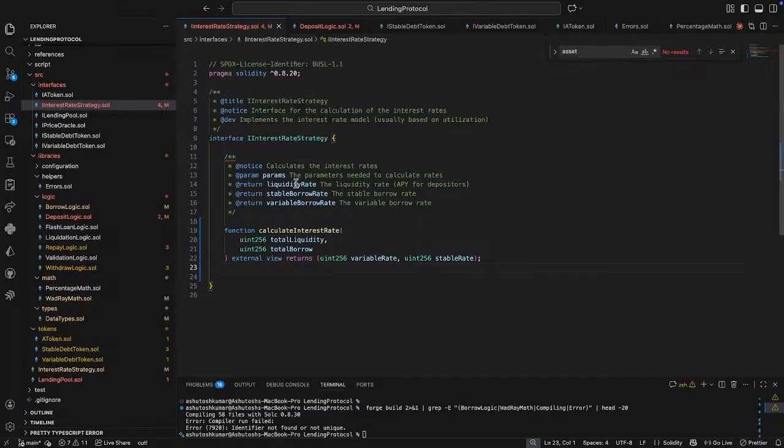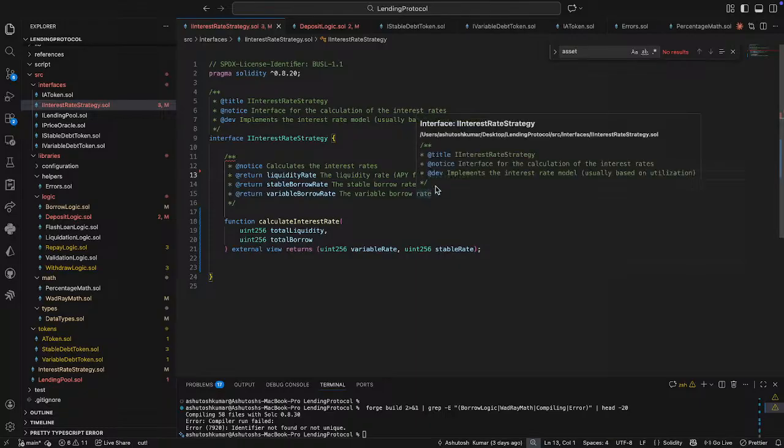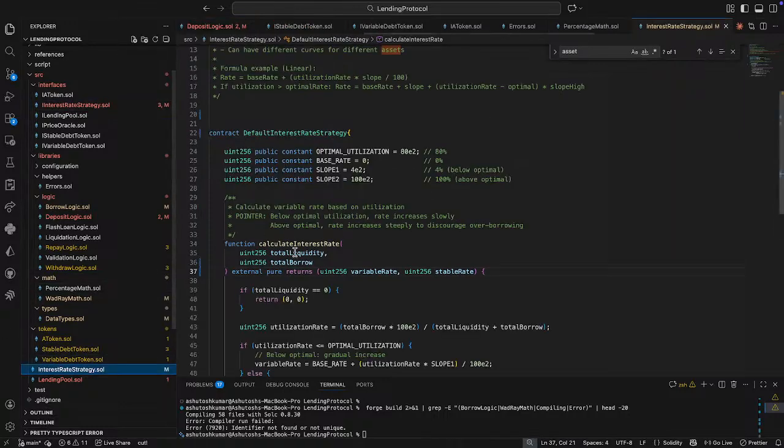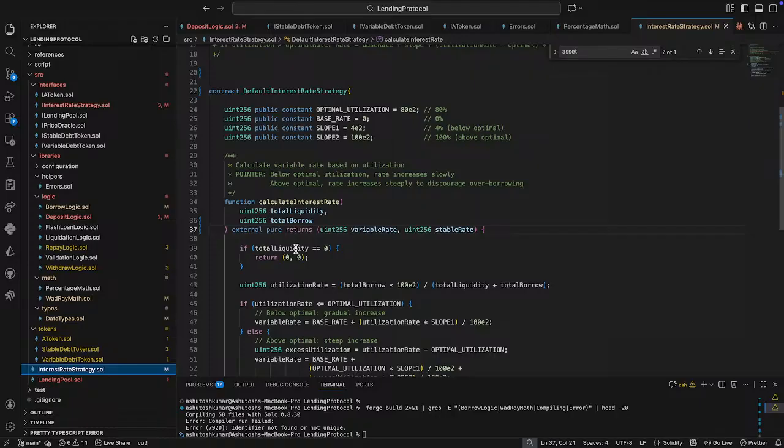Params shouldn't be there. Liquidity added, total borrow. Liquidity added, liquidity removed. Both should be there now. Total liquidity and total borrow.